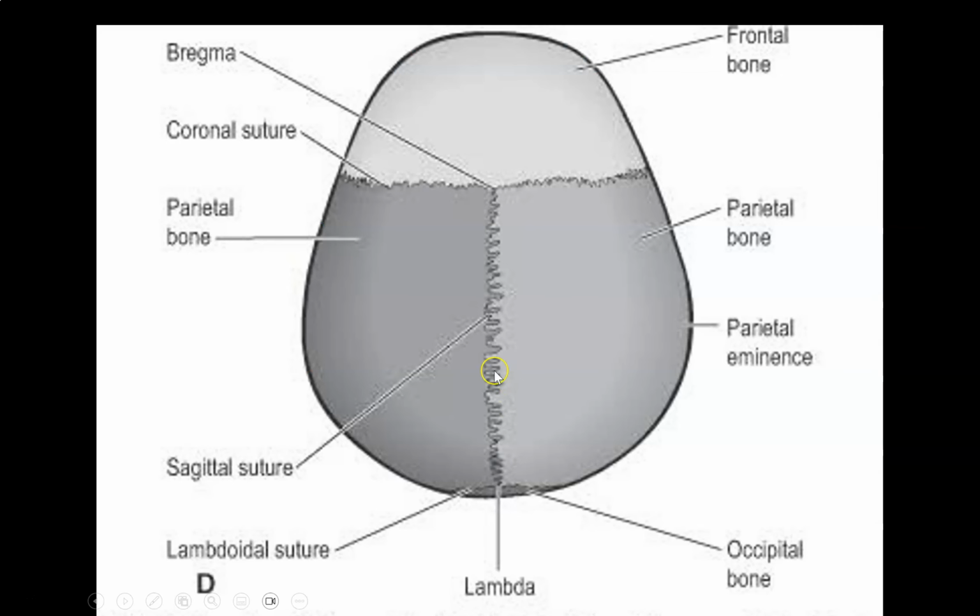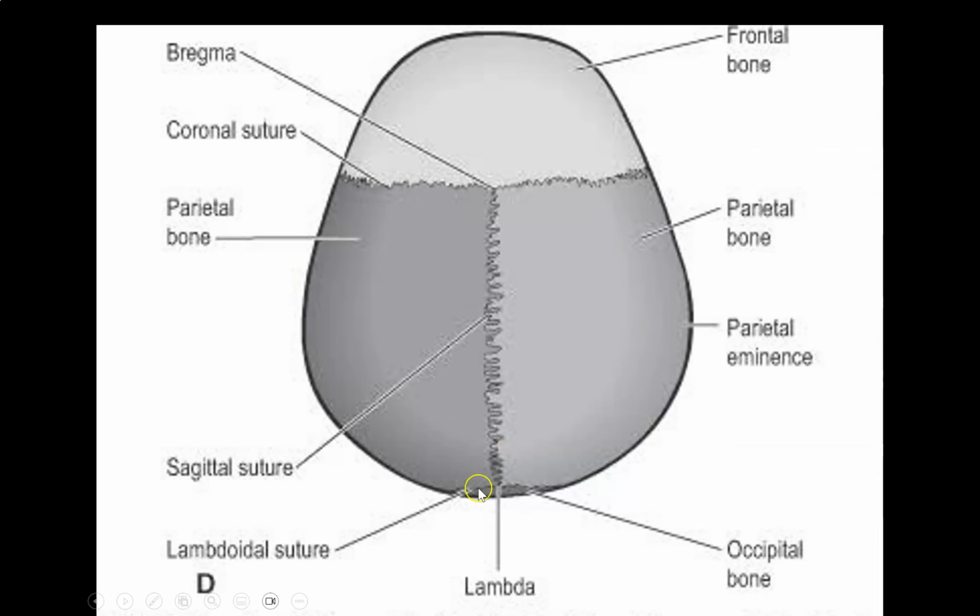This is a view of the skull from above, and it will show us some illustration of what we are talking about. Here is the frontal bone. Here are the right and left parietal bones, and the suture separating the frontal from the parietal bones running horizontally is the coronal suture, and the suture running vertically separating the two parietal bones from each other is the sagittal suture.